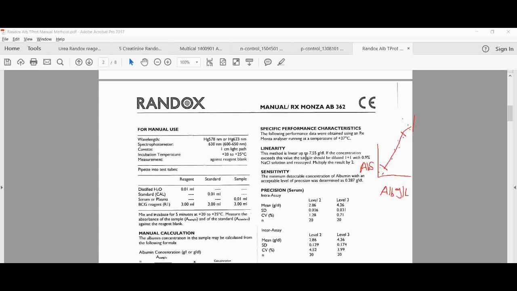They actually don't say it in here, but they say it in the next line. Sensitivity, it can be determined from 2.87 grams per liter. So for albumin, the linearity is 2.87 gram per liter to 75.5 gram per liter.